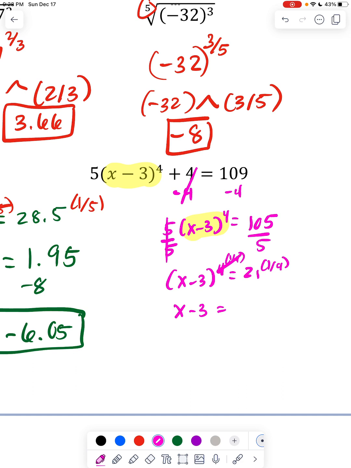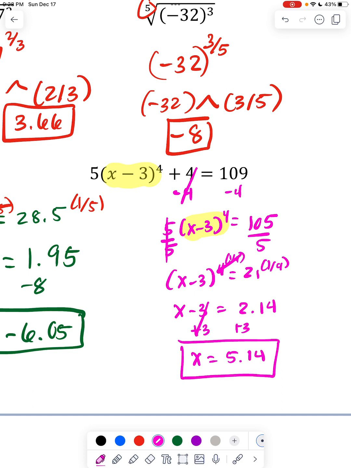I don't have my calculator at home, so I'm using my phone, and I'm super bad at it. I get about 2.14, and then I need to add 3. So x equals 5.14.